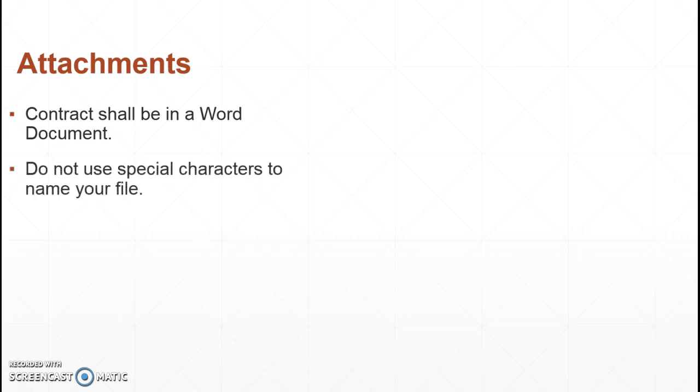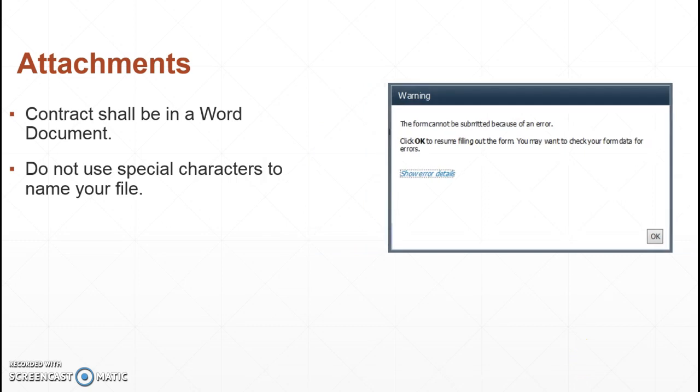If Word document is not available, please make a note of this in the notation field. And we are asking to avoid using special characters such as asterisk, exclamation point, or ampersand when naming your file. Otherwise, your attachment will not upload. An error message will pop up indicating for you to check the format data for errors.